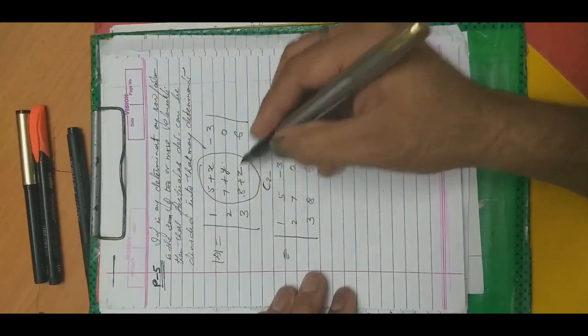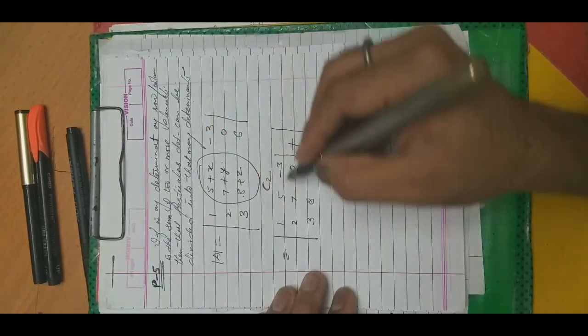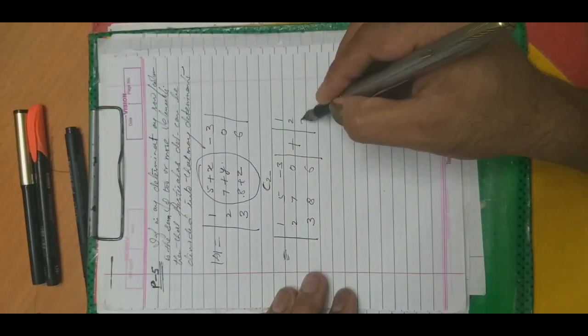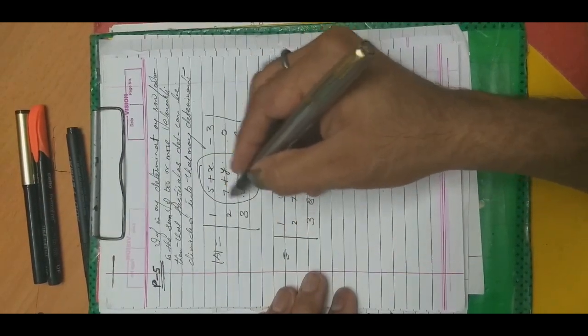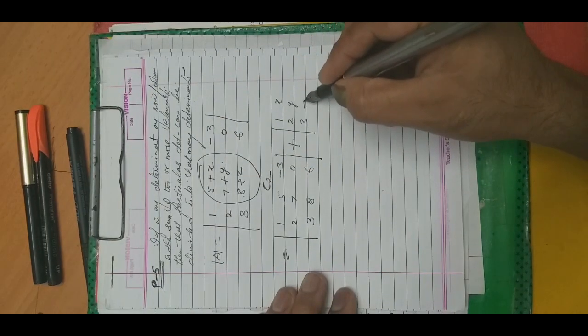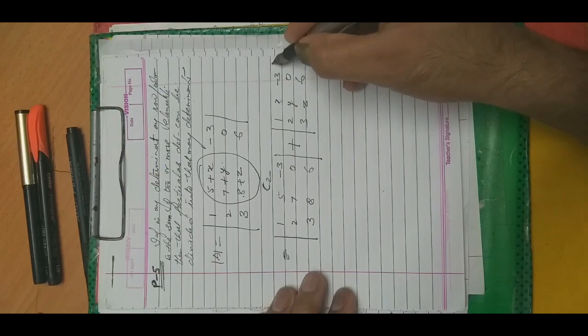Then here we put a plus sign, and this will be written in the middle of the determinant. So again 1 2 3, 1 2 3. Now instead of what is already taken, we'll write x y z and minus 3 0 6.